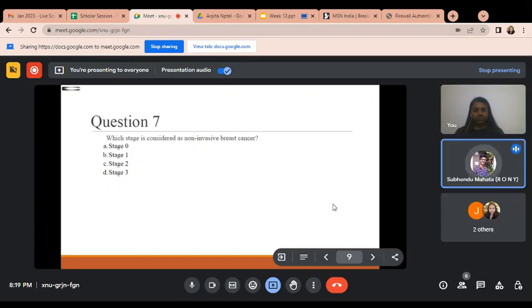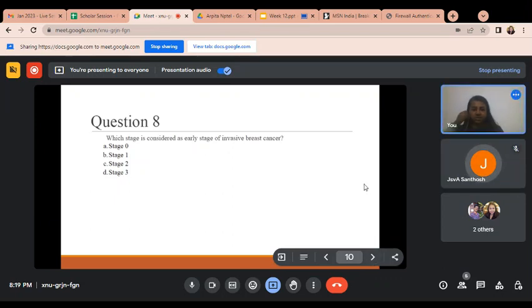Stage 2. No, stage 0 is called non-invasive breast cancer. Okay. Then which stage? Then just a minute.